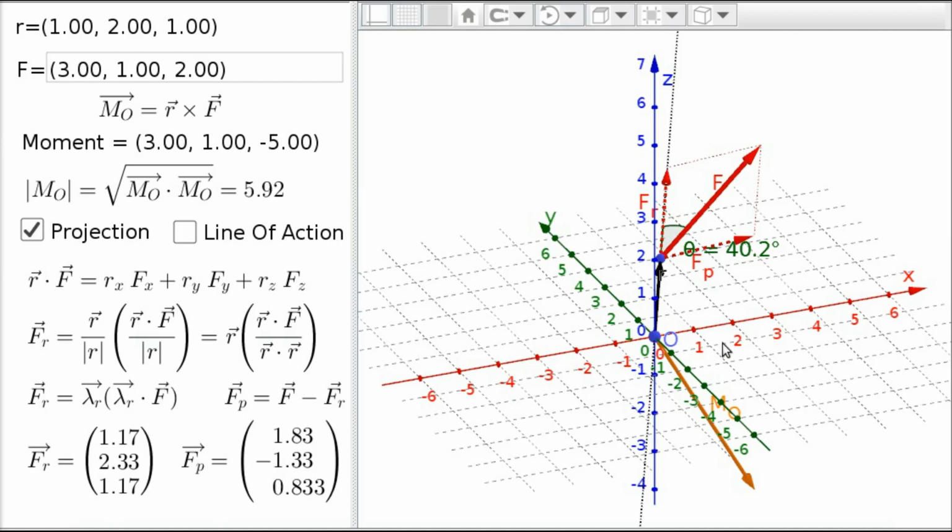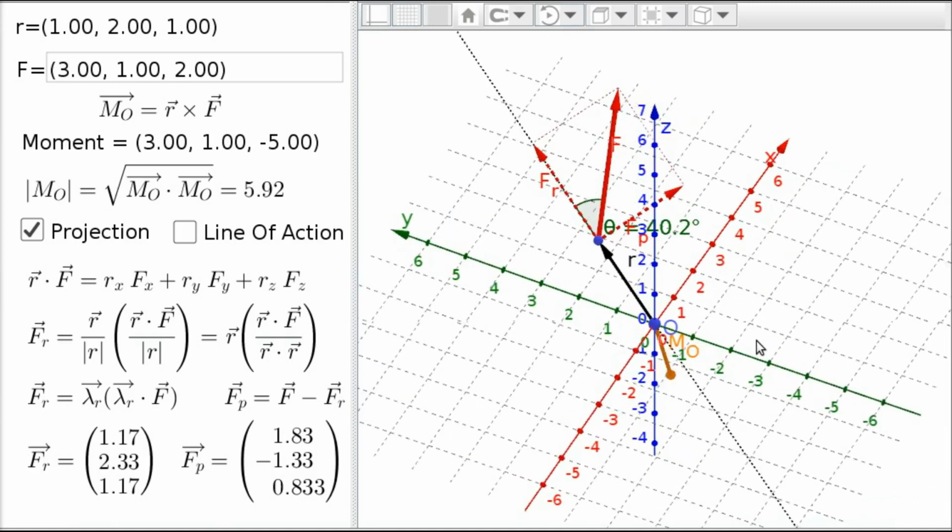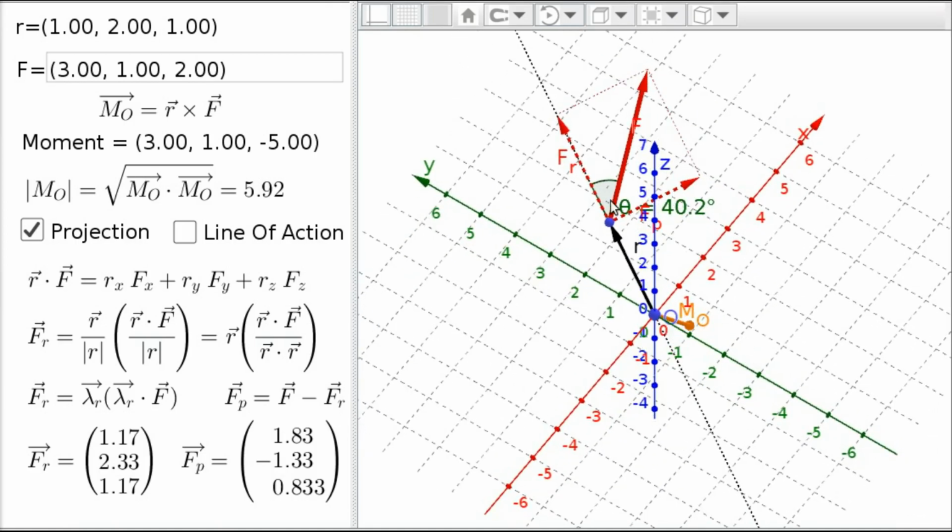Now we'll see if we look at this, we also could use the angle here between the r and F vector. So we know that cosine of theta times this F vector gives us the magnitude of our Fr vector. So we could have cosine of theta inside this parentheses times the magnitudes of the two vectors.